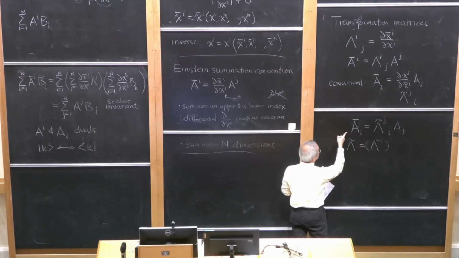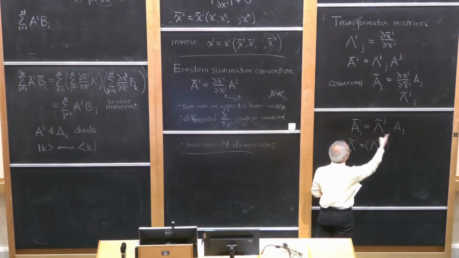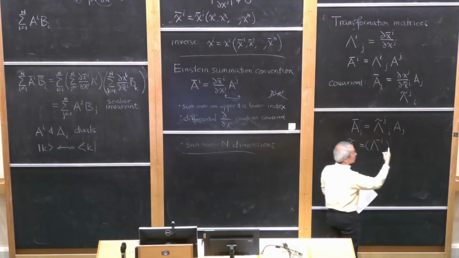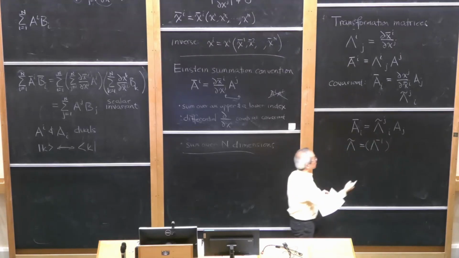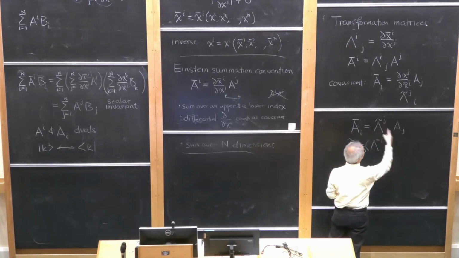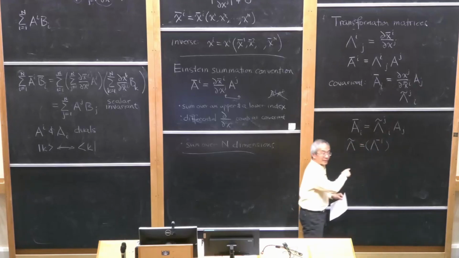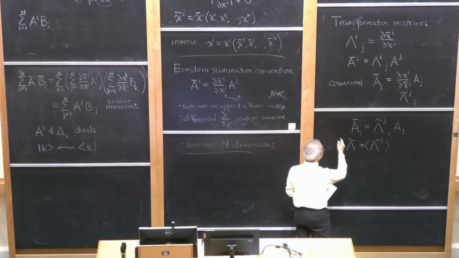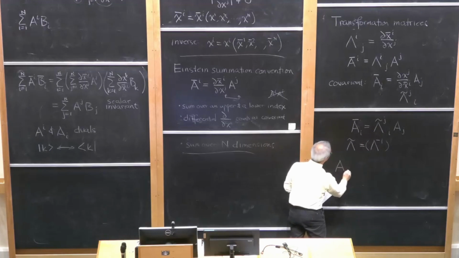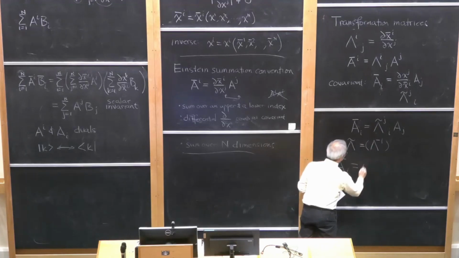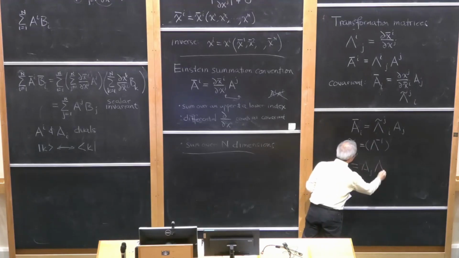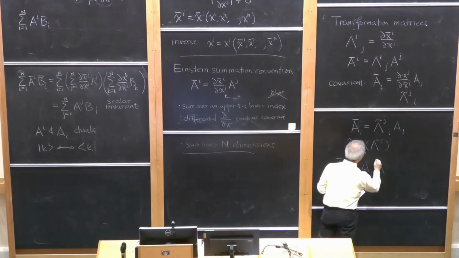Just one or two more little notes. Because these are transformation matrices, you would like to write this in a matrix-like way, but the problem is that when you write it this way, these indices are not in the right place. So sometimes what you will see is A bar_i equals A_j and then lambda tilde^j_i.